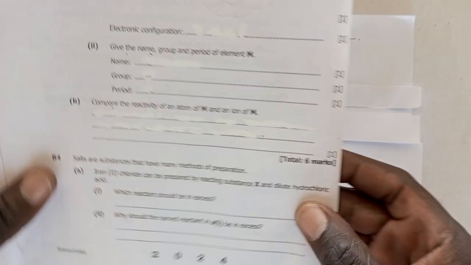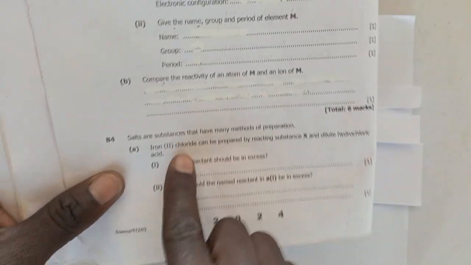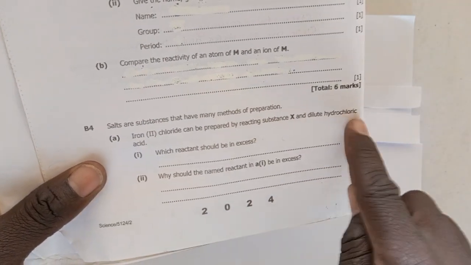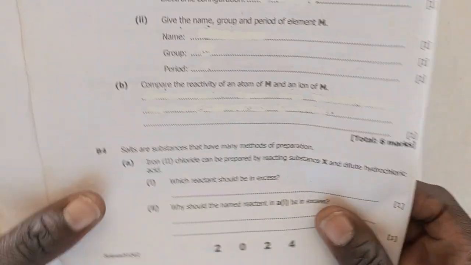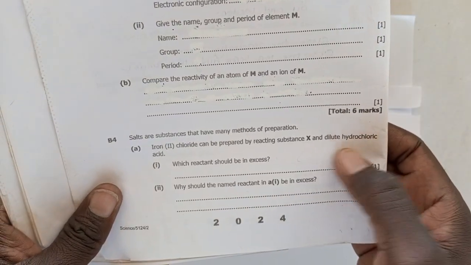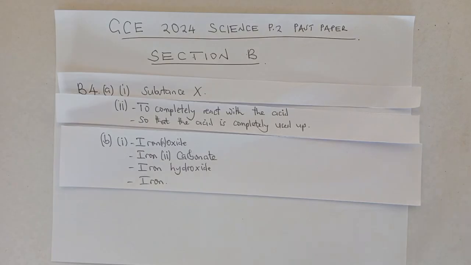Because here the question says iron chloride can be prepared by reacting substance X and dilute hydrochloric acid. So iron chloride is the product. So now suggest one of the reactants. One reactant has already been given in the question, which is dilute hydrochloric acid.